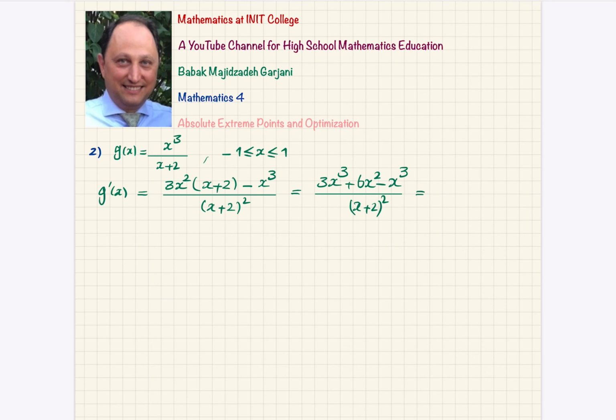So then if I simplify this, it becomes how much? 2x to the 3 plus 6x squared divided by x plus 2 to the power of 2. By the way, do you think that there is a guarantee that I will have a maximum and a minimum for this function on this interval?